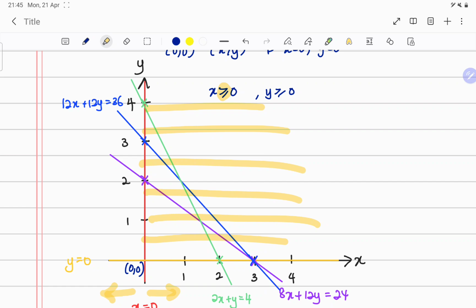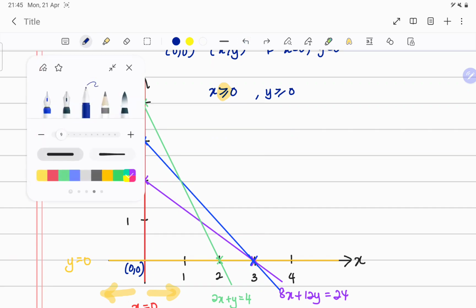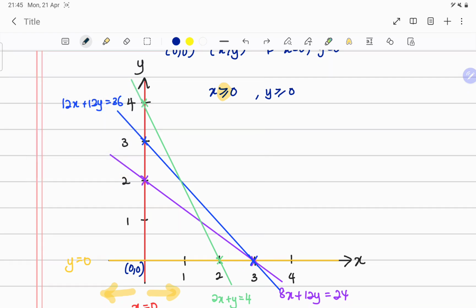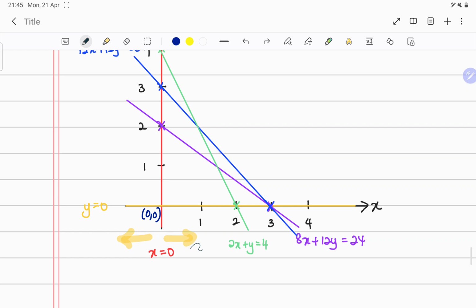Instead of shading it like this, I'll just use numbers. So I will use any number first. If this is greater than, I'm going to choose the right, because it is greater than.